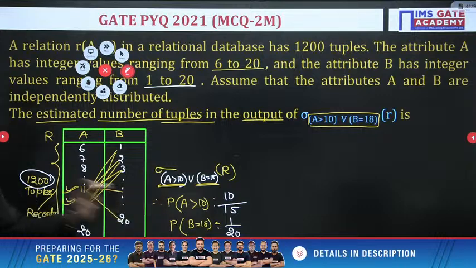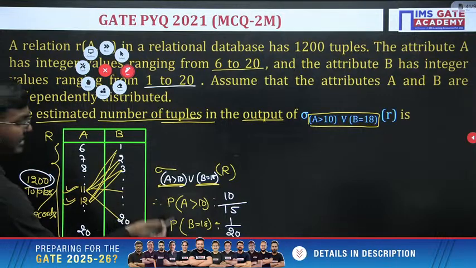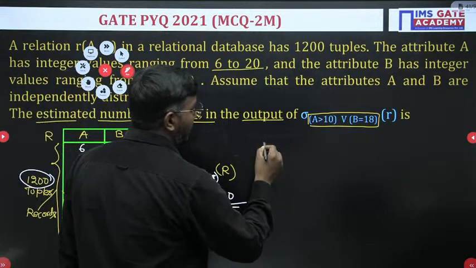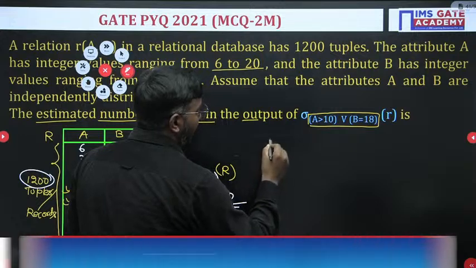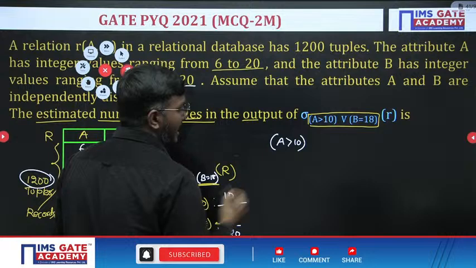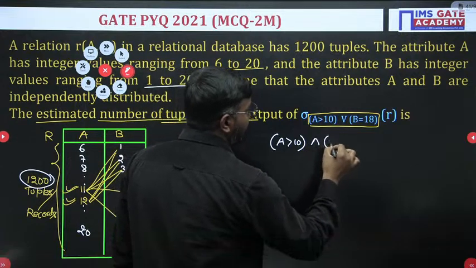Getting my point here? Now see, whenever I am trying to get this value, there will be some records where we have A greater than 10 and also B equal to 18.